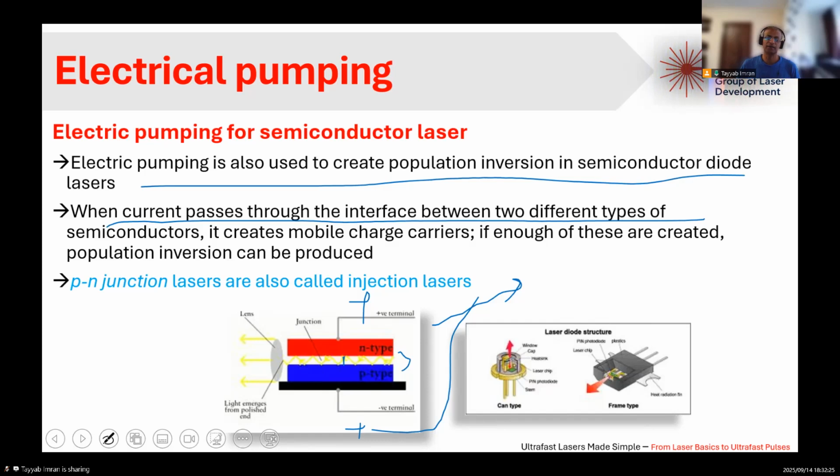One side can be holes, the other side electrons, depending on p-type or n-type, and then the population inversion is created. All these things are happening in the center, a junction point, which is also called the forbidden region. And the laser action happens from the junction of the two types, n-type and p-type materials.